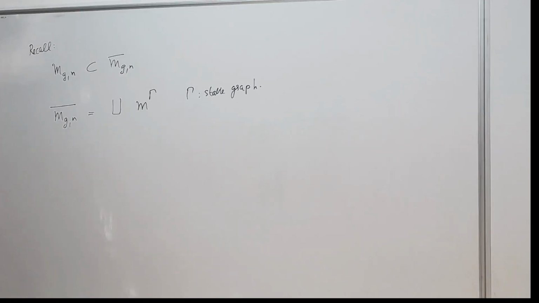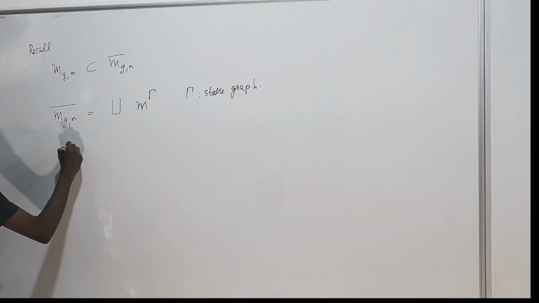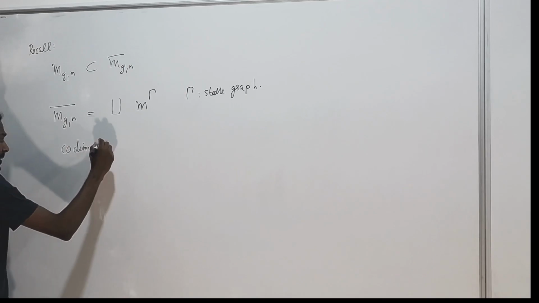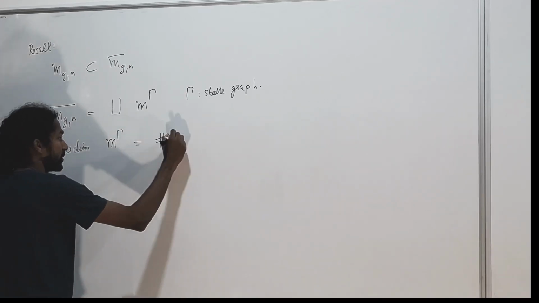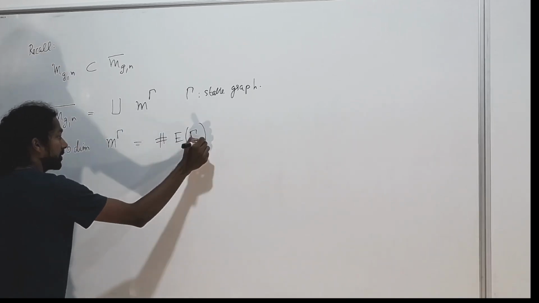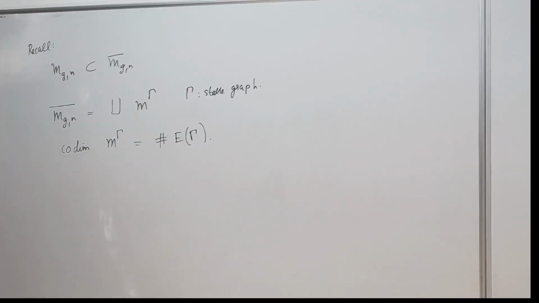One thing that I think I said but never really wrote down is that the codimension of the strata is equal to the number of edges of the stable graph. So as you create more nodes, or more edges, you go deeper into the boundary.